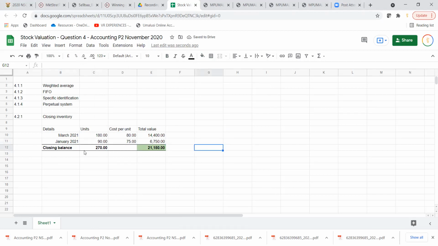The closing balance is 21,150. So how could you have done this in the exam? You could have just said 180 multiplied by 80 plus 90 multiplied by 75. So that's how you'd have written it, and then you will say it equals 21,150.